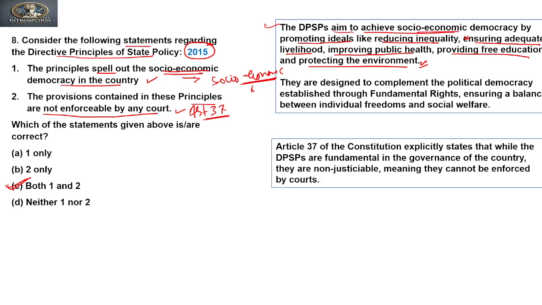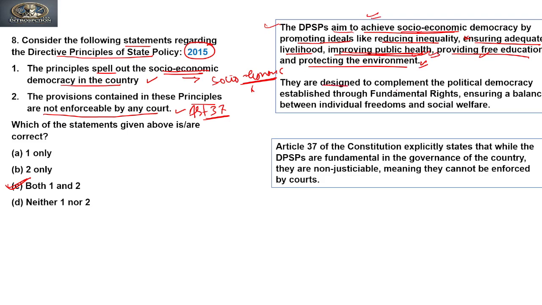It will reduce inequality by providing equal pay for equal work for men and women, ensuring adequate livelihood. That is a provision under DPSP. It also helps to improve public health, right? Providing free education is under Article 45 of the Constitution. So these are the mechanisms through which the DPSP aims to achieve socio-economic democracy.